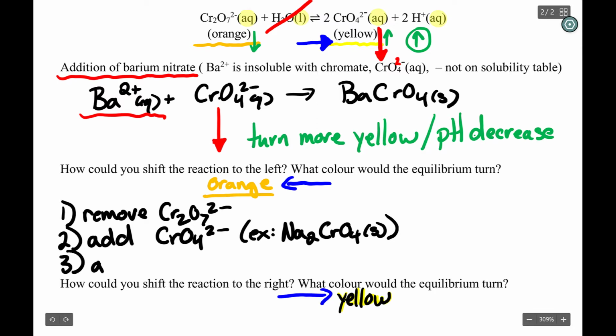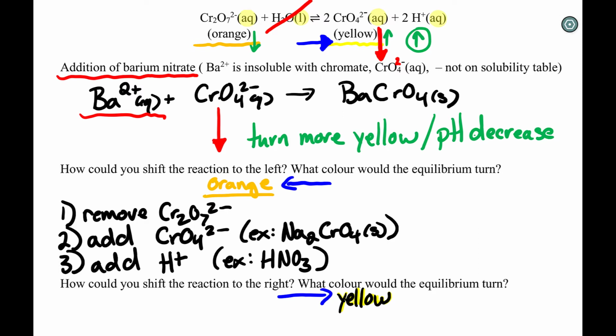Or 3, I could add H+. For example, I could add any of the strong acids, HCl or HNO3. That would turn into H+, which would then increase the concentration of the products and shift towards the left.